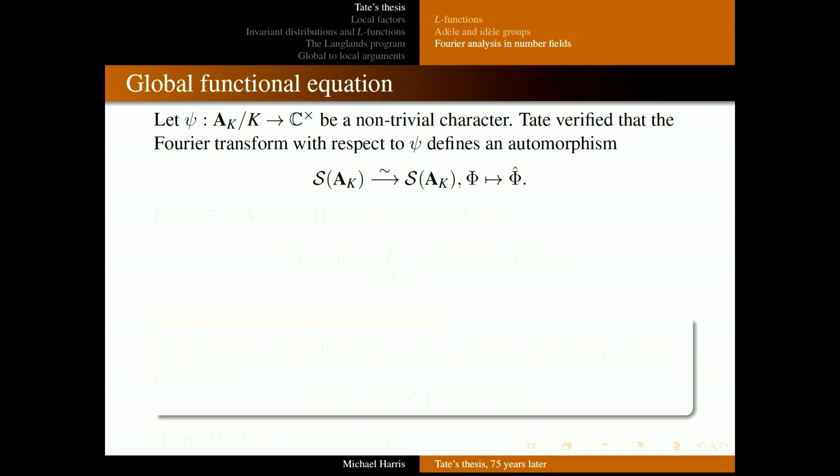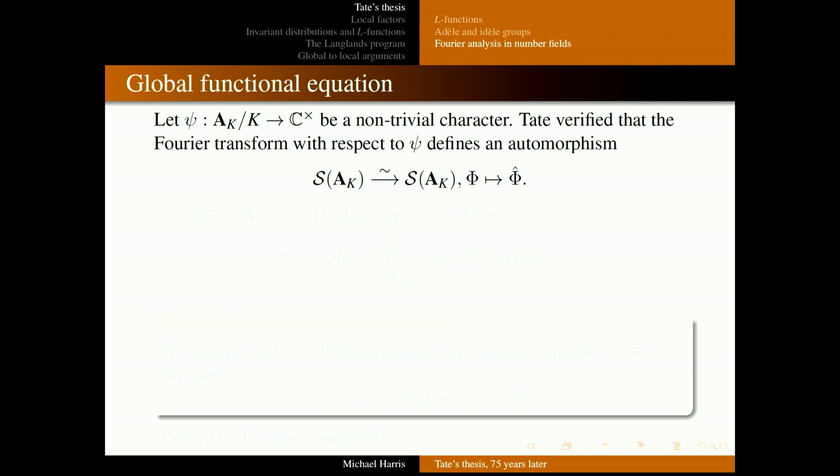And Tate verified that the Fourier transform on the Adele group with respect to this choice of character, any choice of character, you just have to remember that there is one, defines an automorphism of the Schwartz space. So it's denoted phi goes to phi hat.